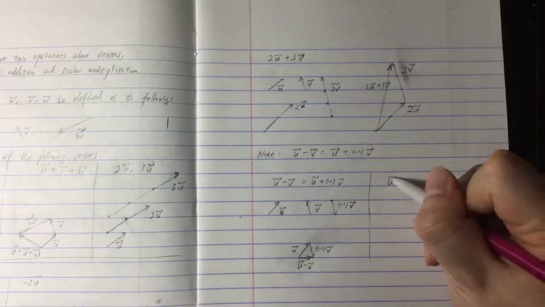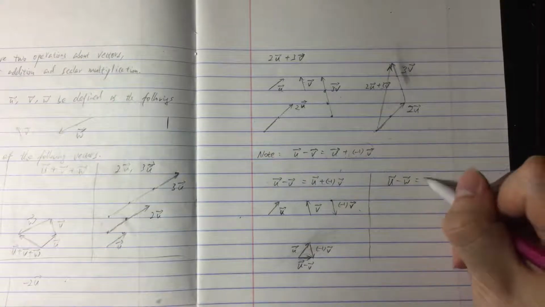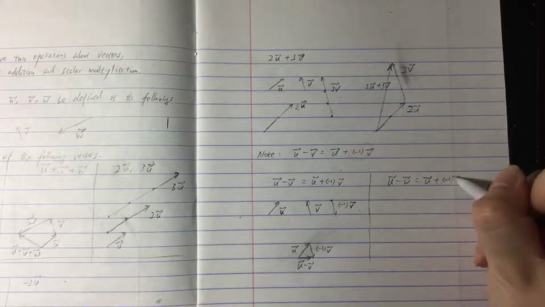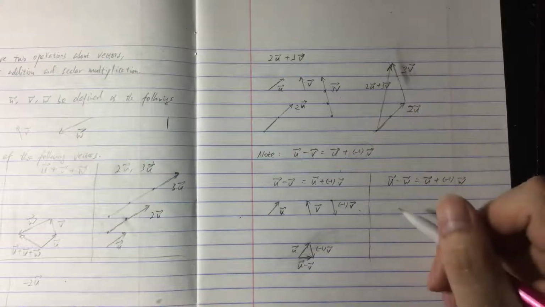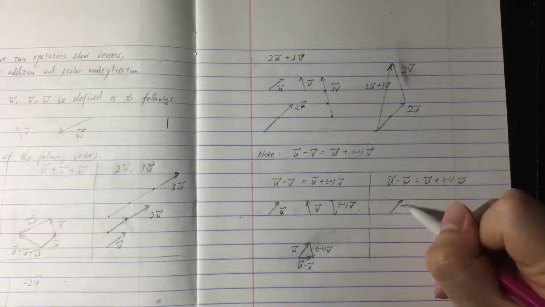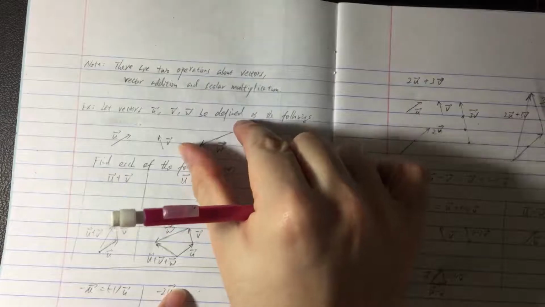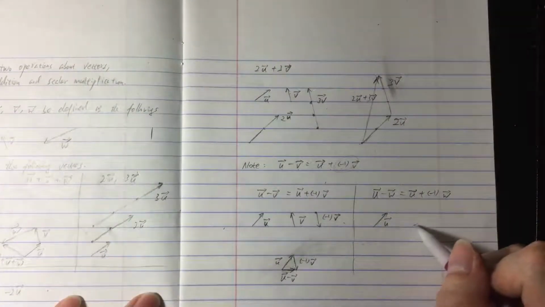How about u minus w? Same thing, write it as u plus -1 w. Let me copy vector u and vector w first. This is vector u. Vector w is this one. Let me shift it here. Make sure the length is the same and it points in the same direction.